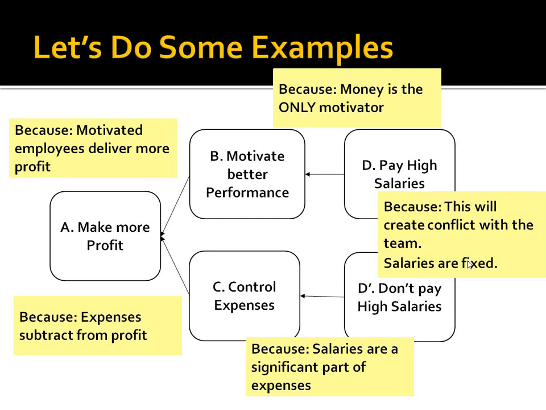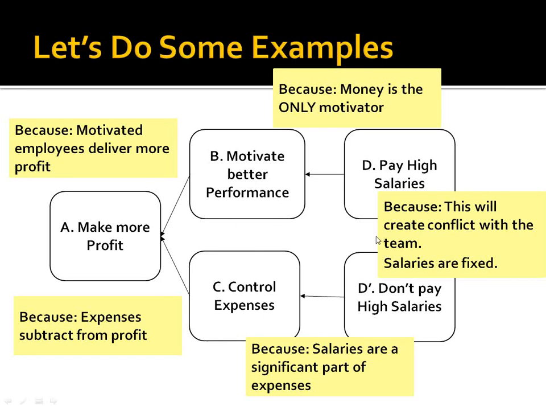And so now, because we've uncovered these assumptions, we have a chance to say, okay, what action might simultaneously motivate better performance and control expenses? So, one solution to that is pay some salary and then pay a commission for certain performance, right?